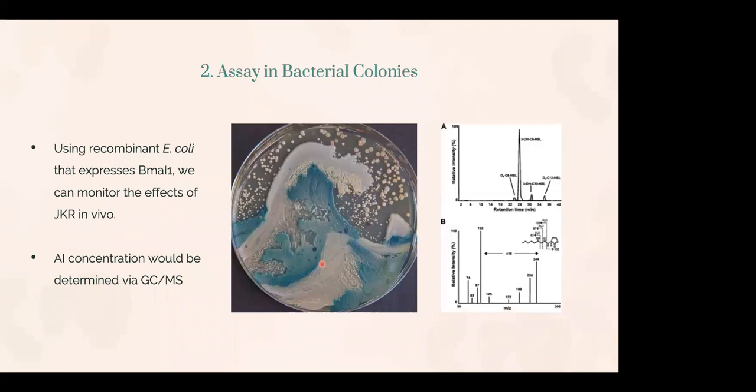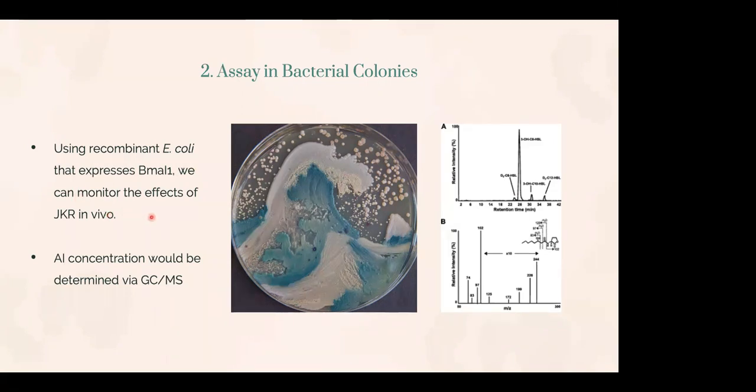The next thing that I think we should do is assay our compound in bacterial colonies. It's very good to know that our drug inhibits isolated protein, but I would be interested to find out how our drug interacts within the bacterial cell. So what we would do is use a recombinant strain of E. coli that expresses BMI1 and then monitor the effects of JKR in vivo.